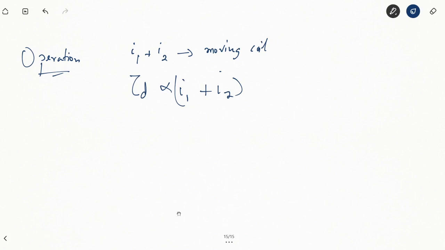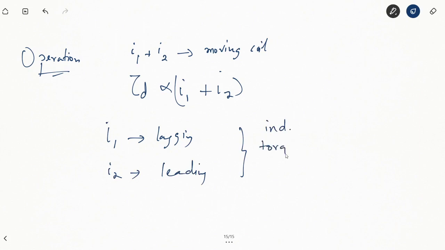So this meter can be used for measurement of power frequencies and also for monitoring purposes. So this is about the electrodynamometer type.